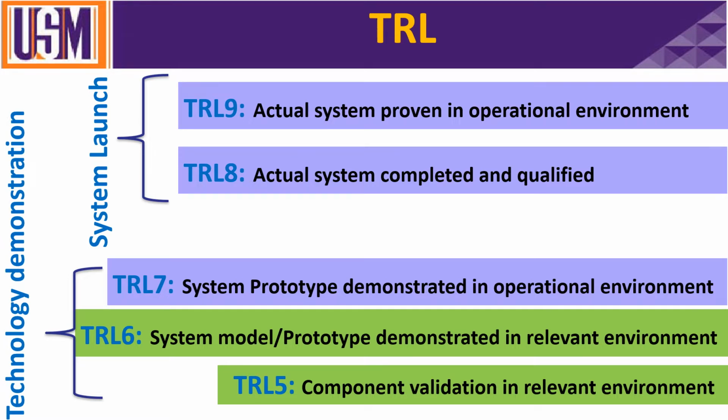Some phone companies, for example, they rush. They have a competition, so they rush. They release some phones or some software to the customer, but it is still buggy. Too many bugs, too many problems. Then they start sending these updates, firmware, and so on. So they didn't actually do TRL 9. They just did until TRL 8, then they release.